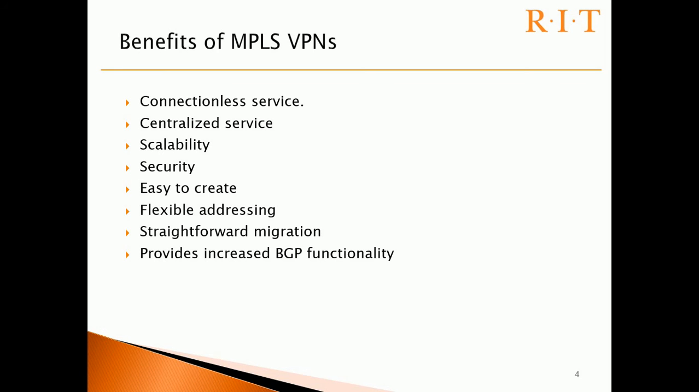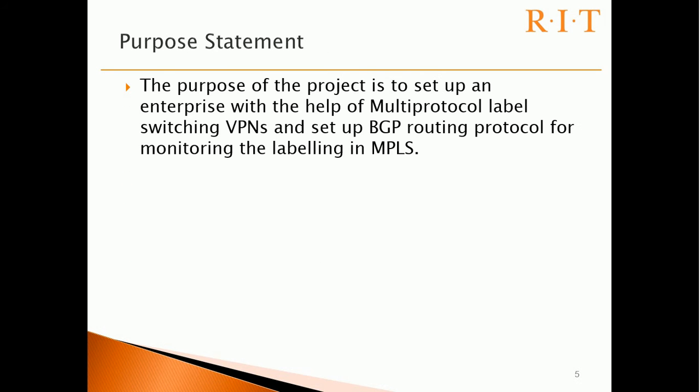So this is about the flexible addressing of MPLS VPNs, and then it provides increased functionality for BGP. It uses BGP to the fullest of its potential, and it is used to route the labels between the different networks that are present in an enterprise network.